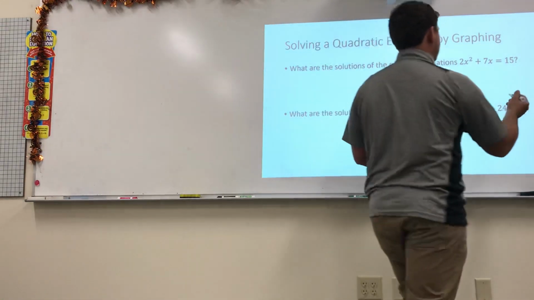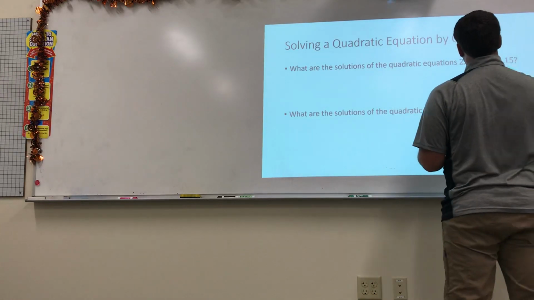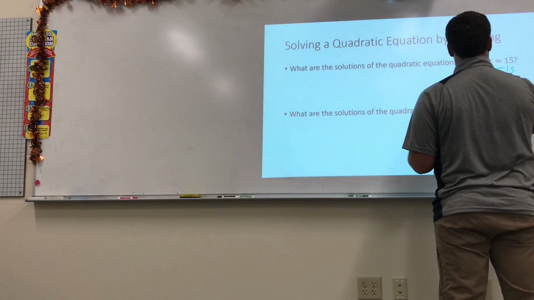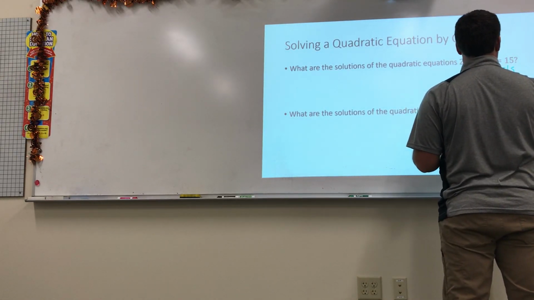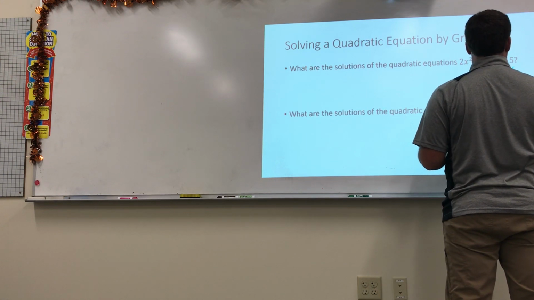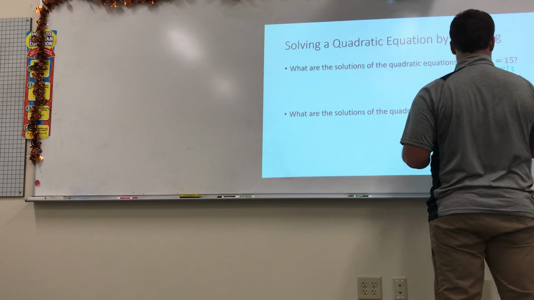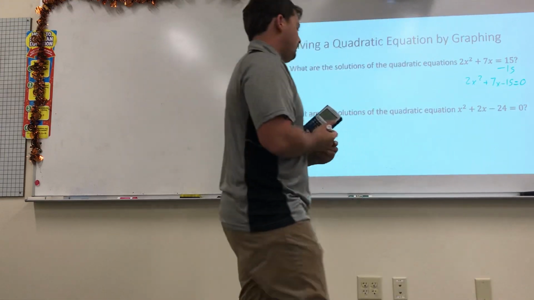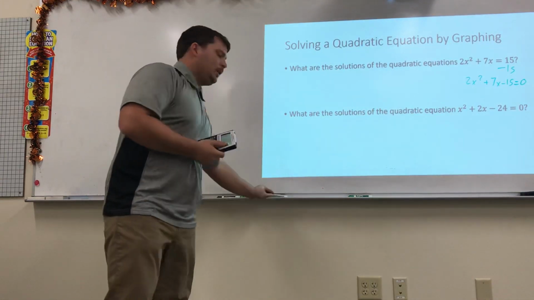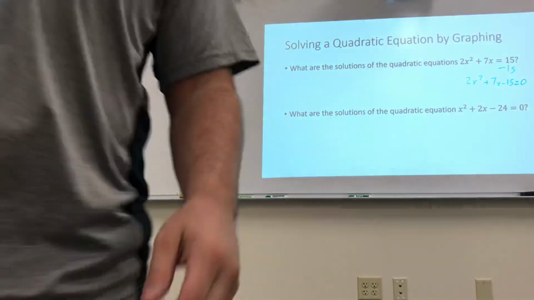So, we subtract 15 over, we get 2x to the second plus 7x minus 15 equals 0. This was already in that form. Okay, so once again, we're going to type this into our calculator.